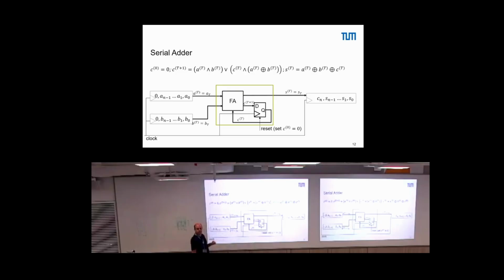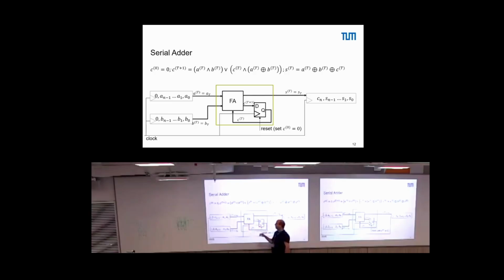So what happens here is you feed in starting with the LSB. That's why starting with the LSB is very nice to have. We start with two simple shift registers, which shift one bit per time step towards the full adder. The least significant bit is taken by the full adder first. The carry is initialized with 0 upon reset.